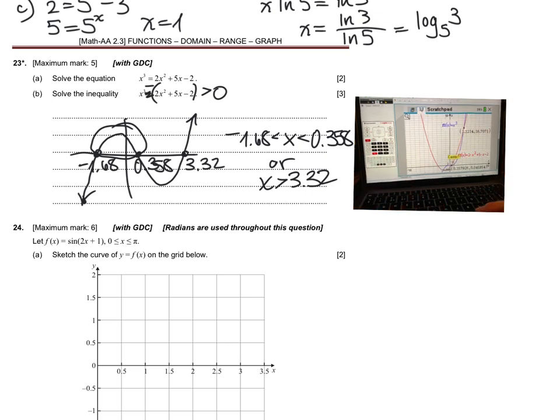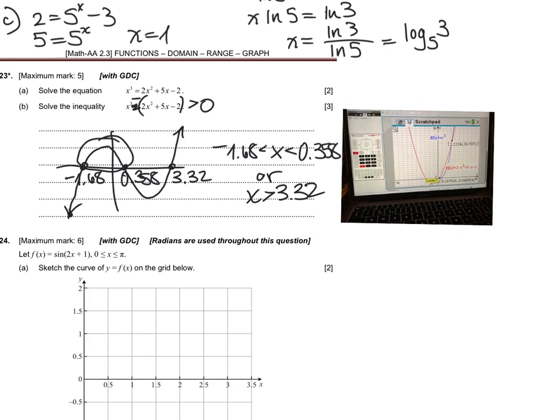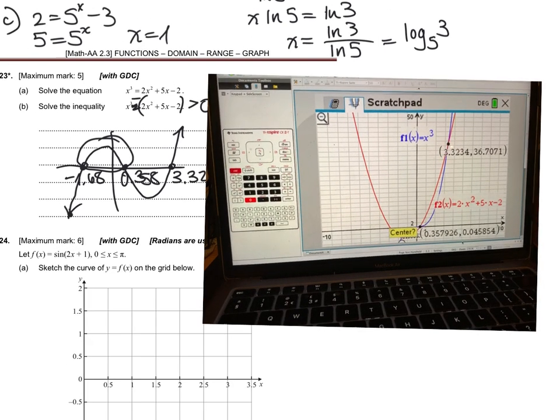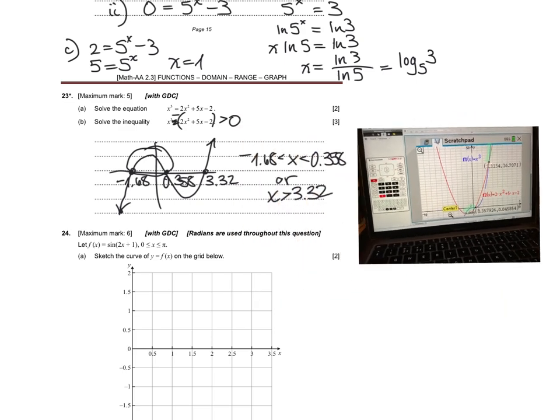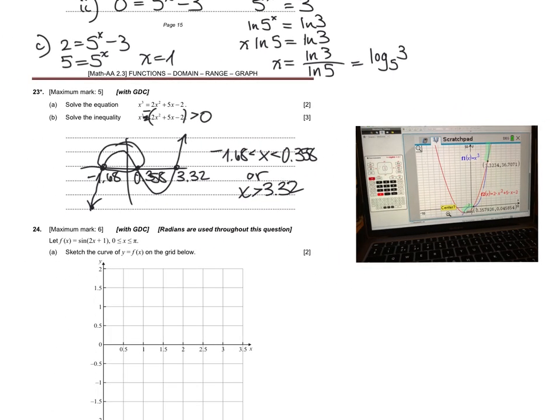Okay, so yes, what I was saying, the blue graph is above in between there, and then the red graph is above it, and then after this point, the blue graph is above it, okay? So that's corresponding to those answers there, all right?